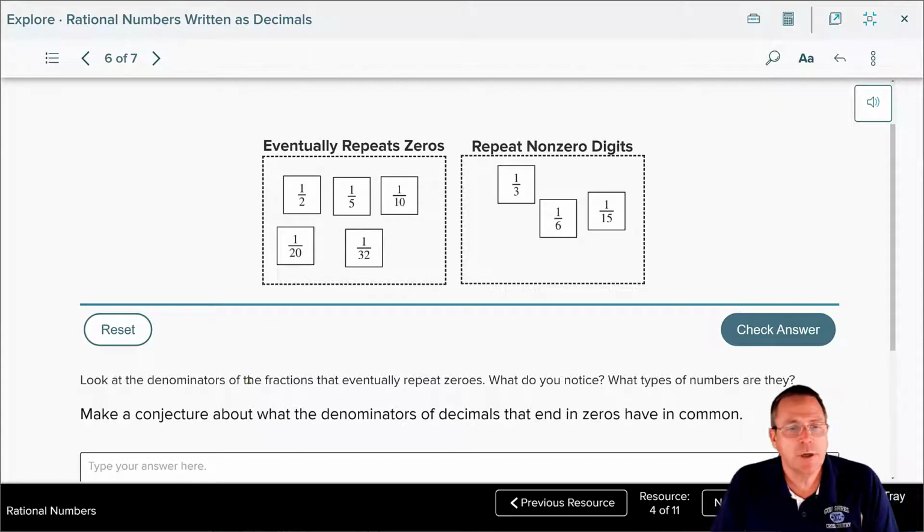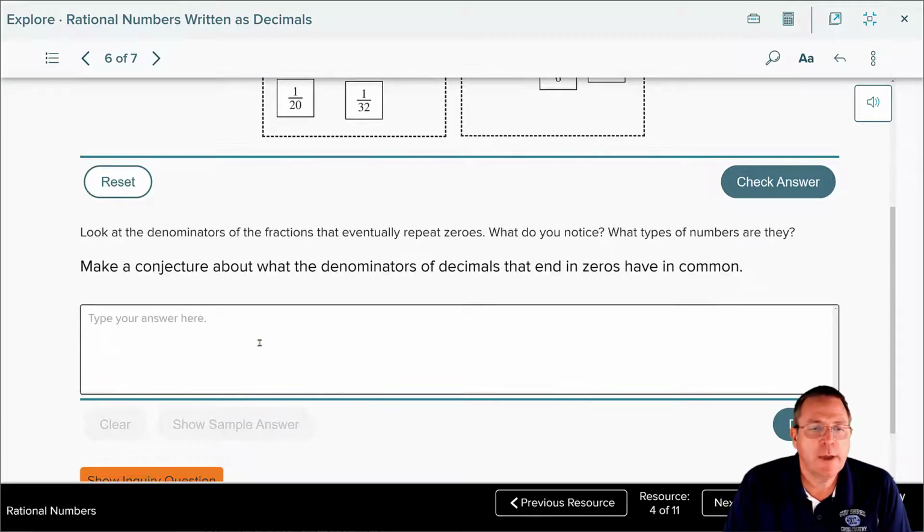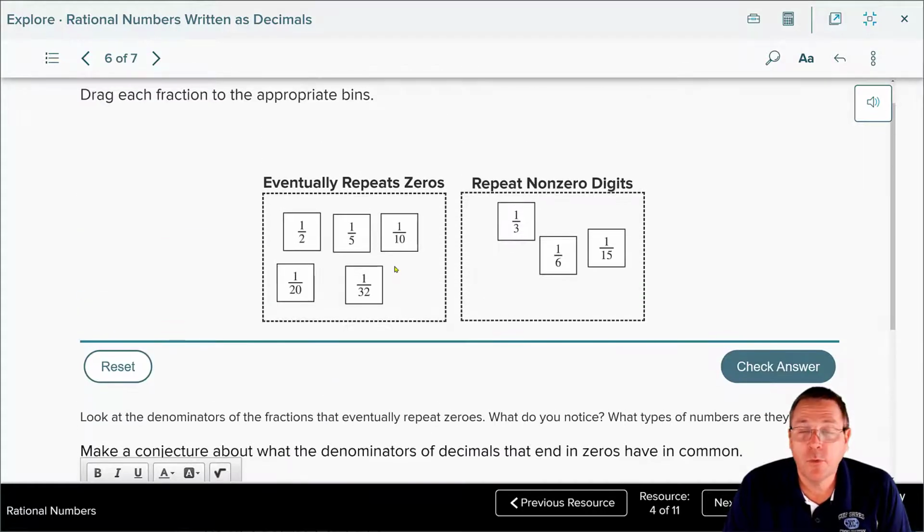Now make a conjecture about the denominators of the fractions that eventually repeat zeros. What do you notice? And what they want you to type in here is this. You probably didn't catch this, but this is a really important thing. I mean, this is really important, guys. The denominators in everything that goes to zeros are divisible only by 2s or 5s or a combination of 2s and 5s.